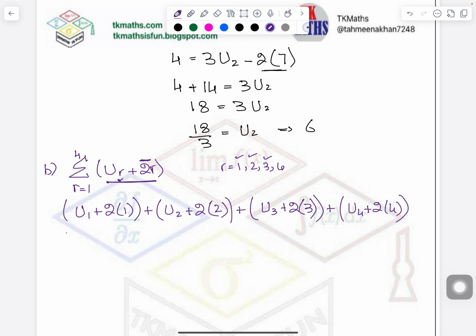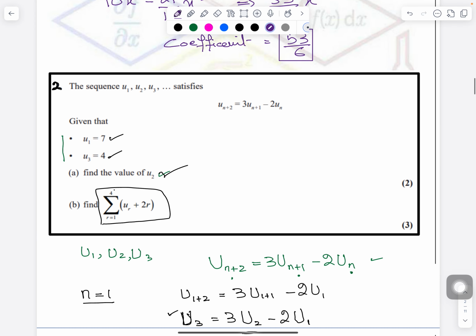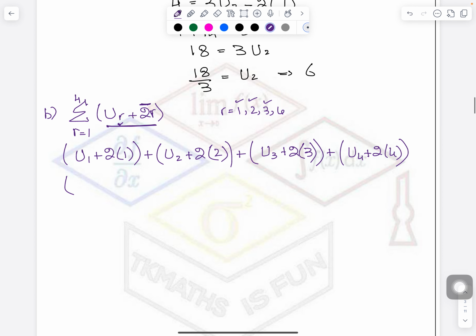Now we will see what is u1. u1 was given in the question. u1 is 7, which is given to us. So I will substitute here 7 and 2 ones are 2. U2 we have just found, it is 6 in part A. So it is 6 plus 2 twos are 4.